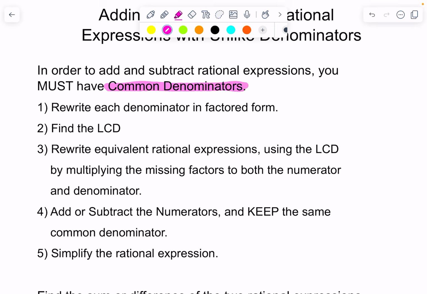First things first, you want to rewrite each denominator in factored form. Number two, you want to find the least common denominator, or LCD. Step 3, you want to rewrite equivalent rational expressions using the LCD by multiplying the missing factors to both the numerator and denominator.